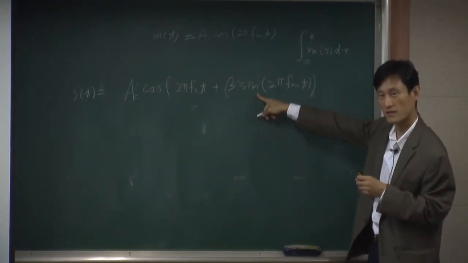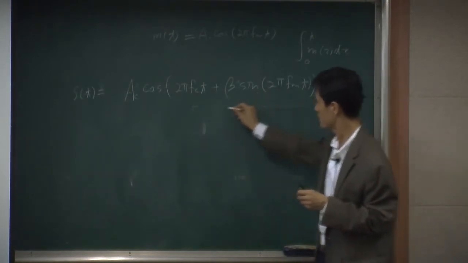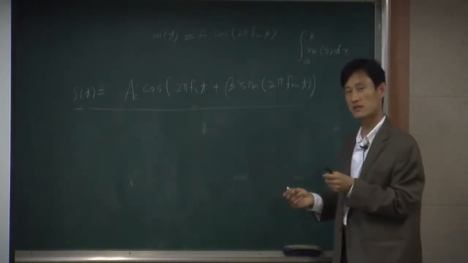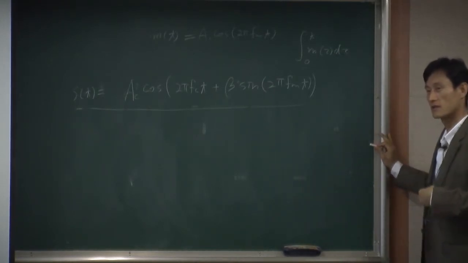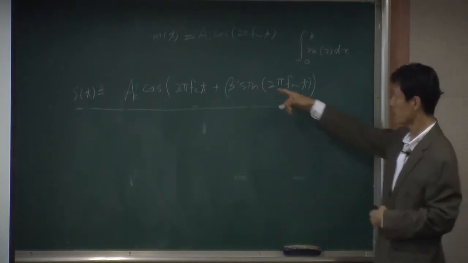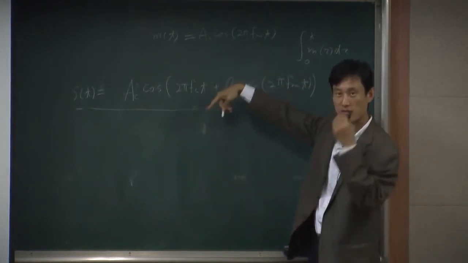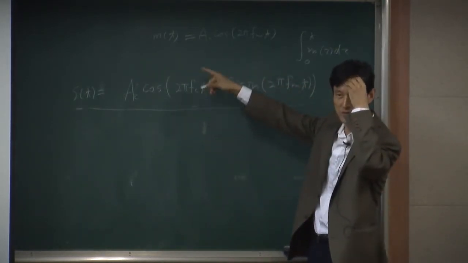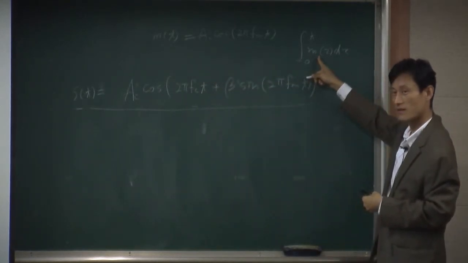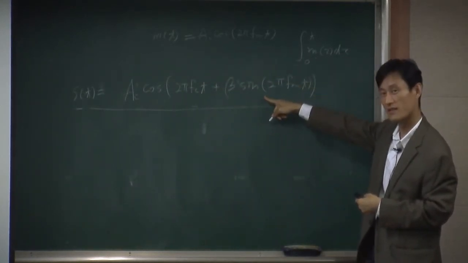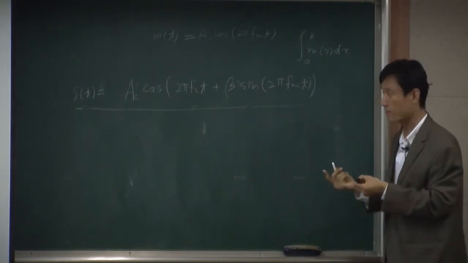So this is our original FM signal when you use this cosine as your message. You understand the link between these two, right? Put this message into here, and now you're going to get the sine. So this is our original FM signal.